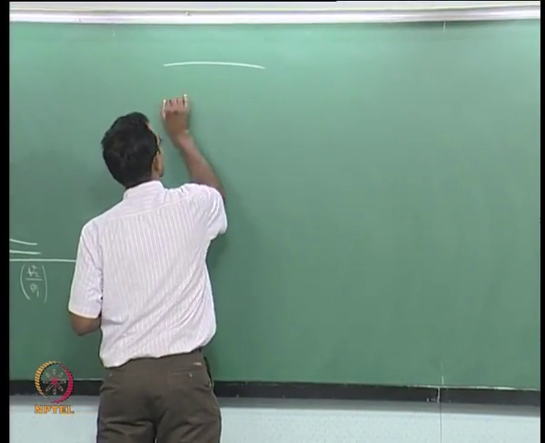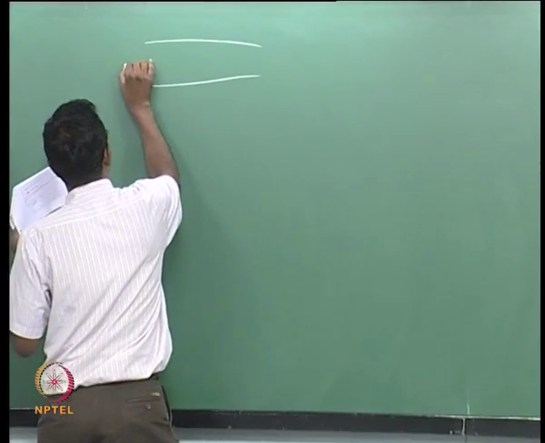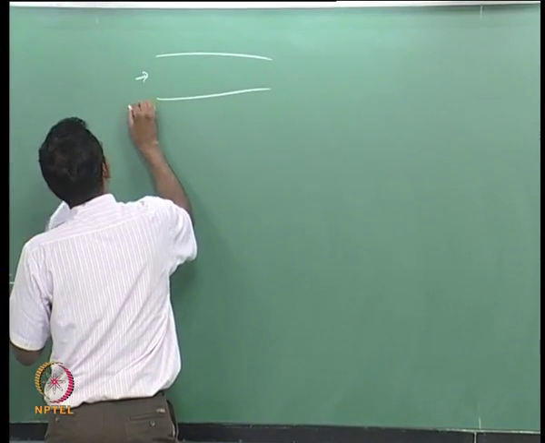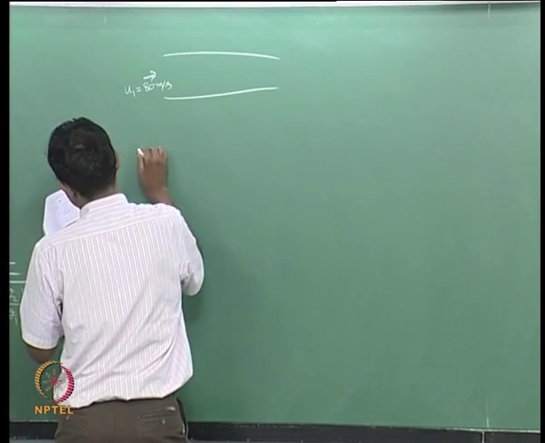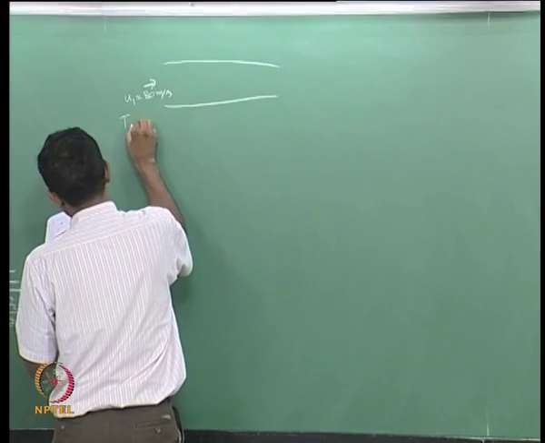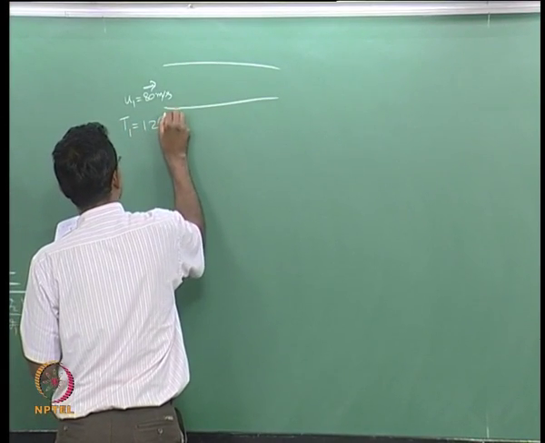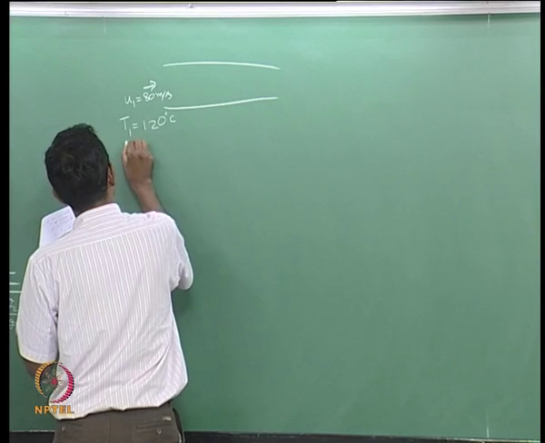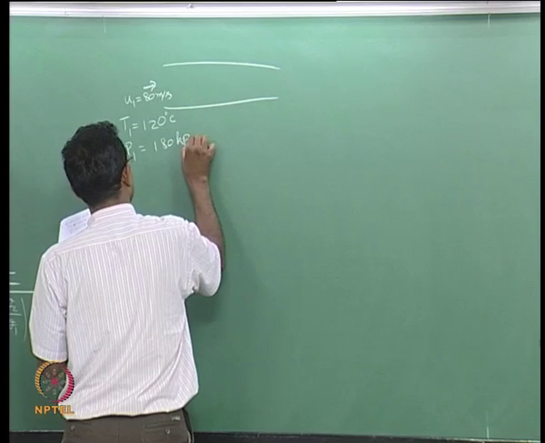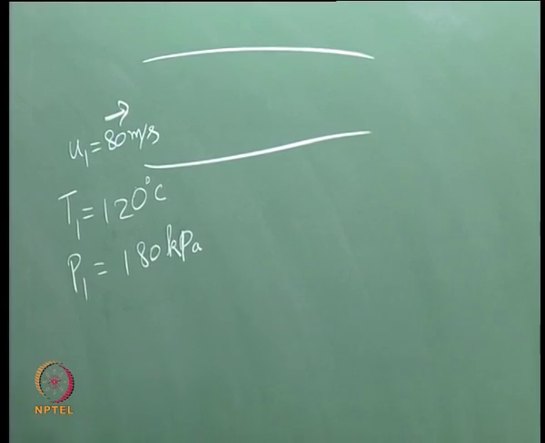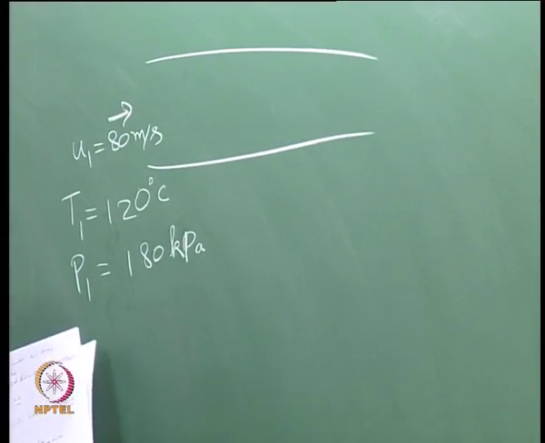I am having some combustor, it is having a U1 of 80 meters per second, T1 of 120 degrees Celsius, P1 of 180 kilopascal. Actually I am not going to use the pressure value, it does not matter for me. Okay.